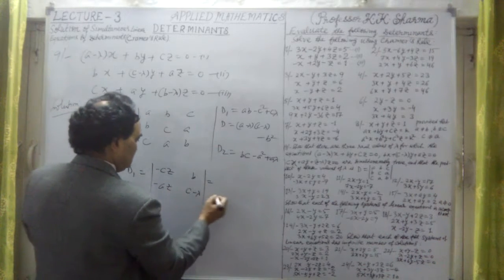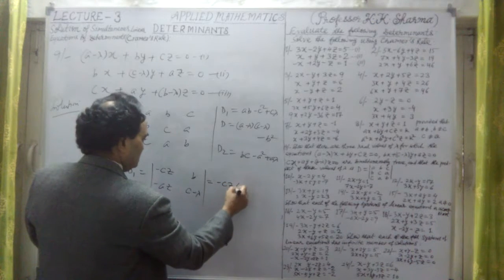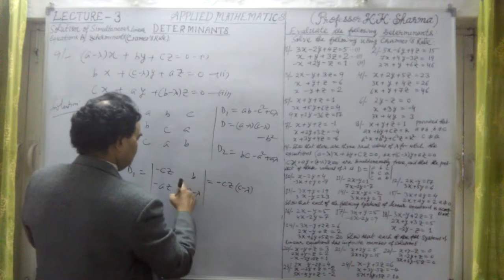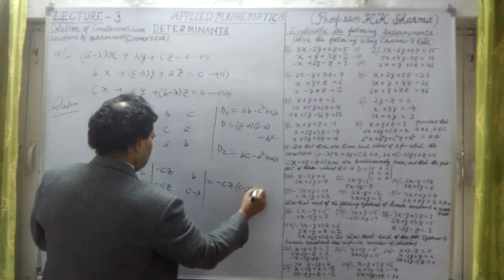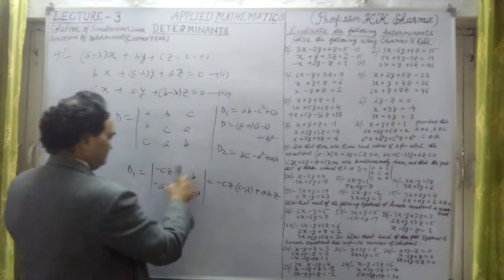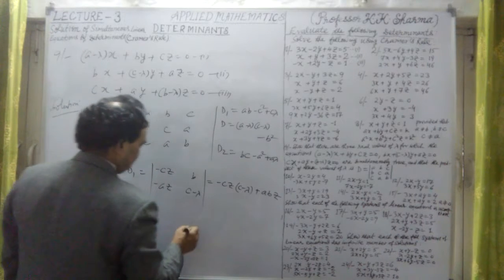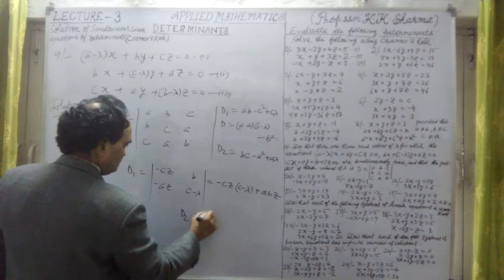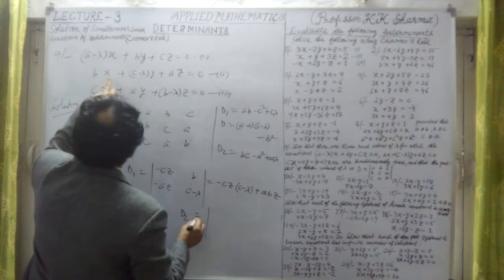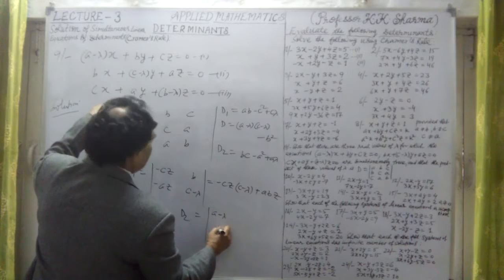So this is this value, minus CZ into C minus lambda, and this is here minus plus AB into Z. This is the value of D1. Now what is D2? For D2 I have to write here this A minus lambda and the B as it is.